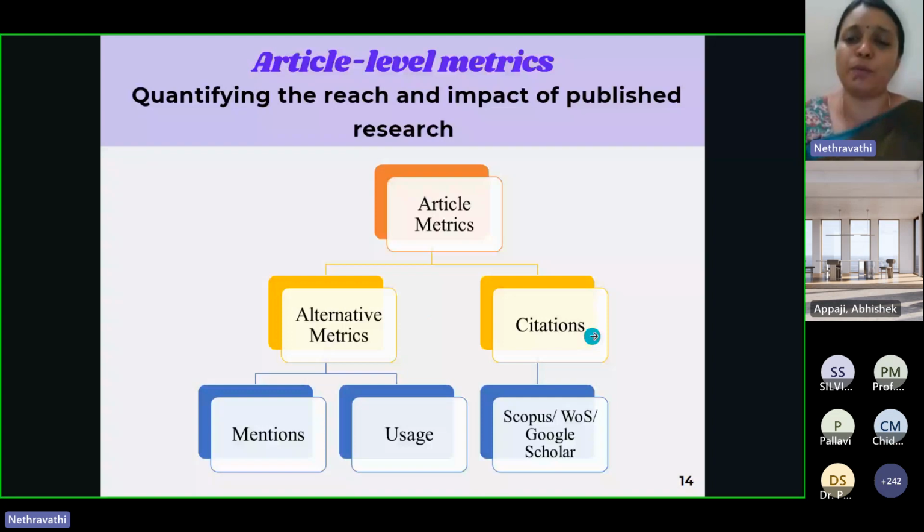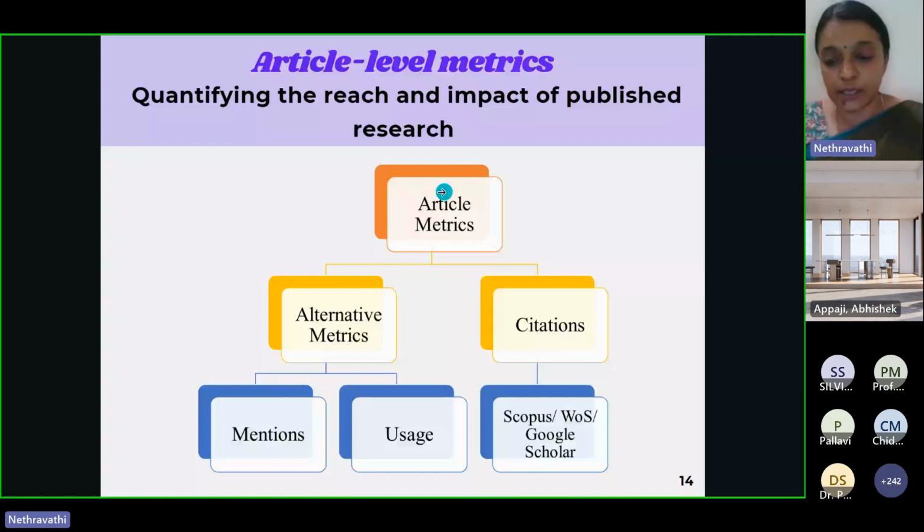The most popular one is citations, right? I'm sure all of you know what a citation is, so how many citations it has received. This is the most popular measurement used to gauge the quality of an article.